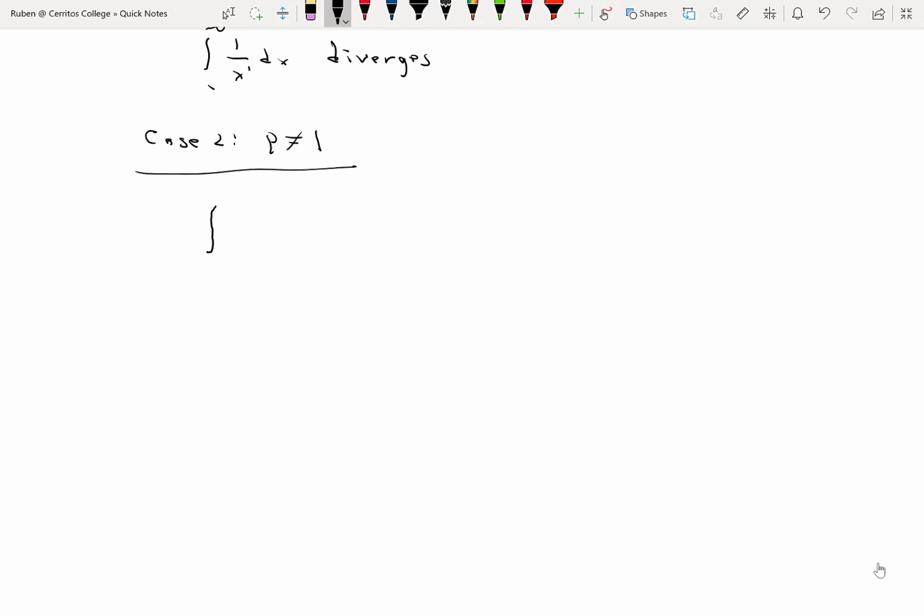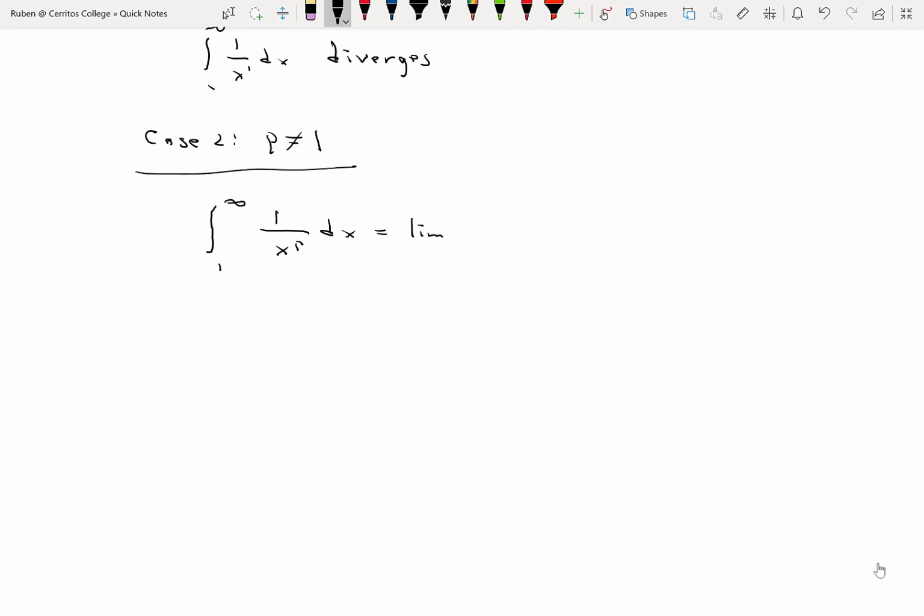So let's determine the solution by trying to evaluate the integral of 1 over x to the p dx from 1 to infinity. This is a type 1 improper integral, since the upper limit is infinity.